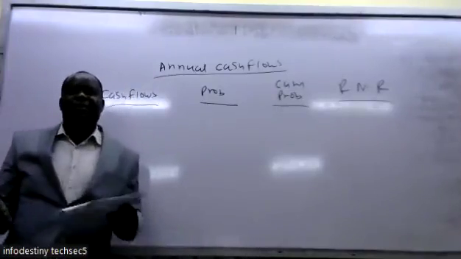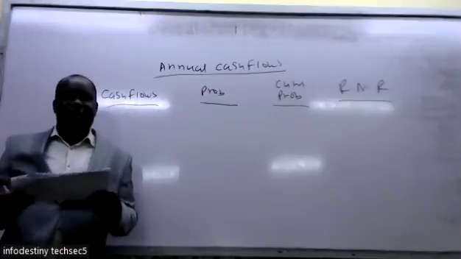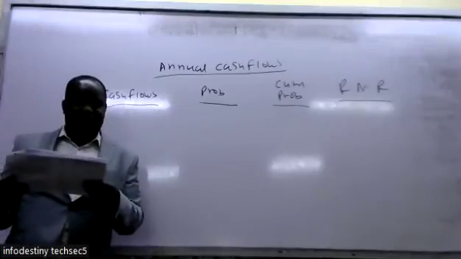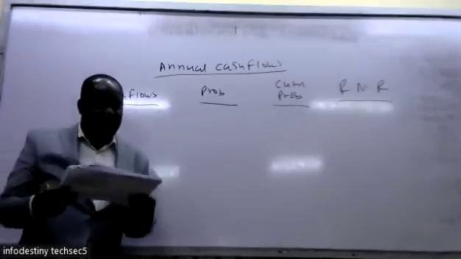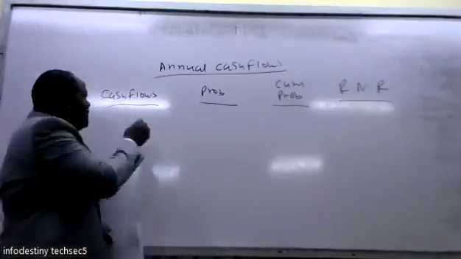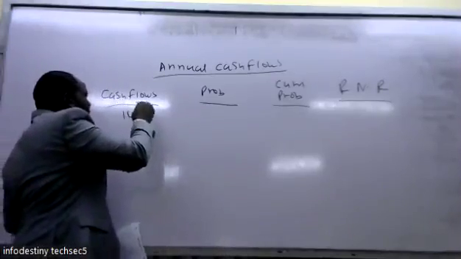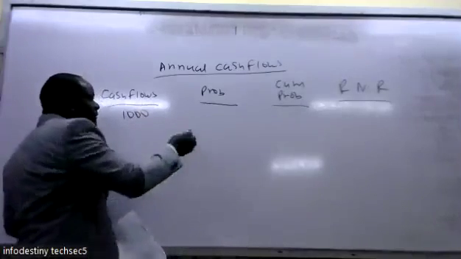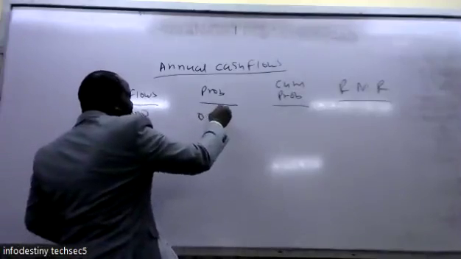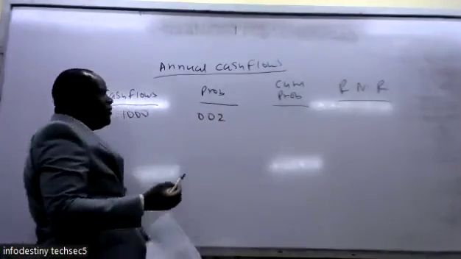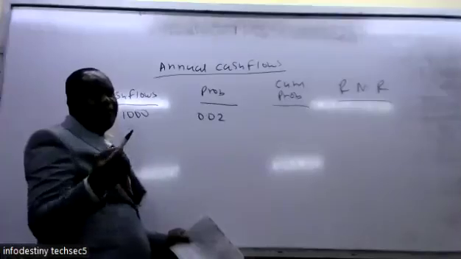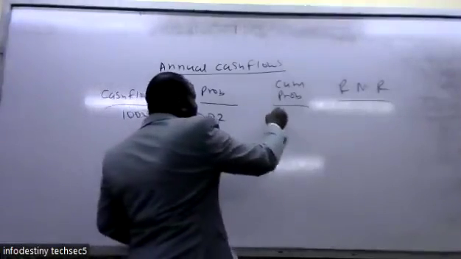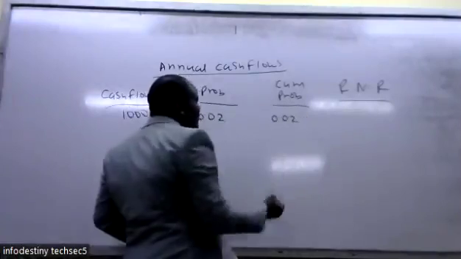So we start off with the first one. You can see the first annual after-tax cash flow. The probability of it occurring, they gave us 0.02. So cumulative for the first one, it will just remain 0.02.